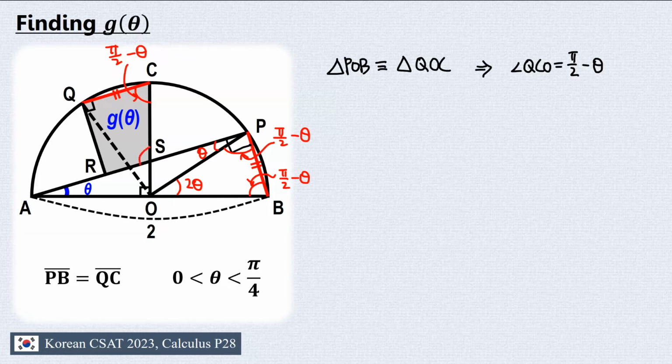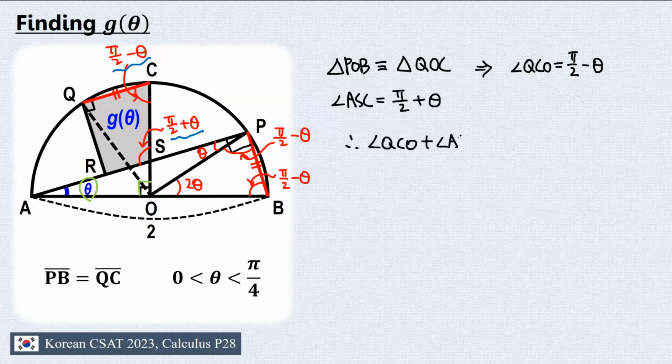Also, this angle ASC is an exterior angle of triangle AOS, so it is simply the sum of this angle and this right angle. So this angle is pi over 2 plus theta. Therefore, we have this angle plus this angle equals pi, which means that lines QC and AP are parallel.